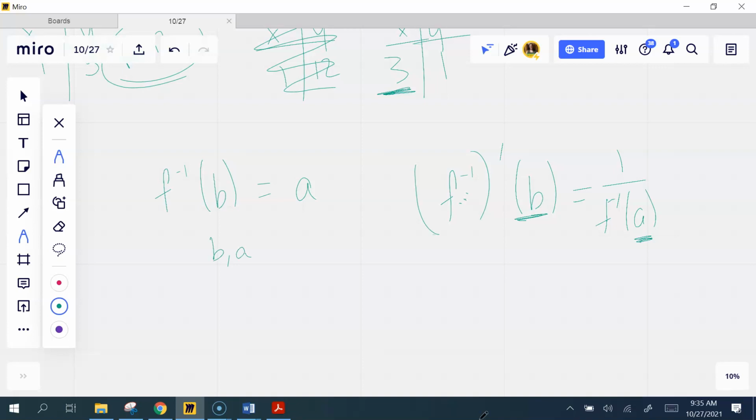Oh yeah. So you're plugging into the derivative, you're plugging the y instead of the x. You said the inverse times that point times that point. It's the same as 1 over the first one.